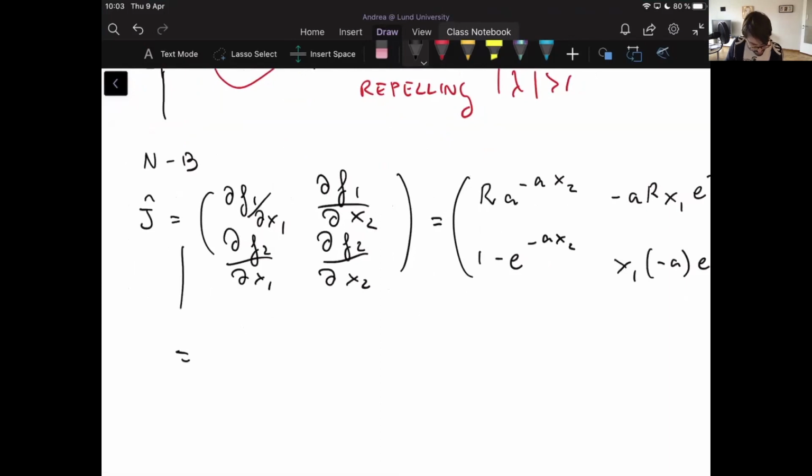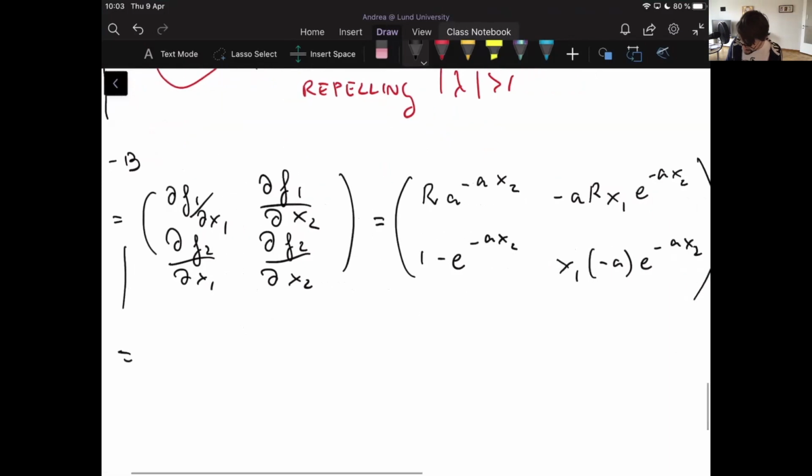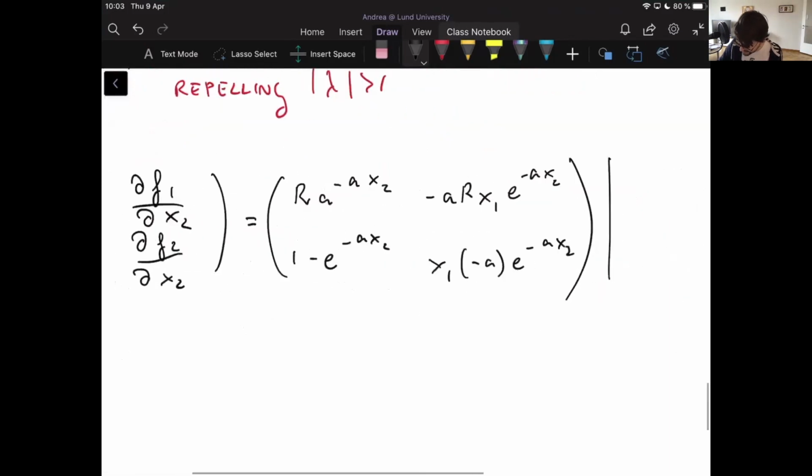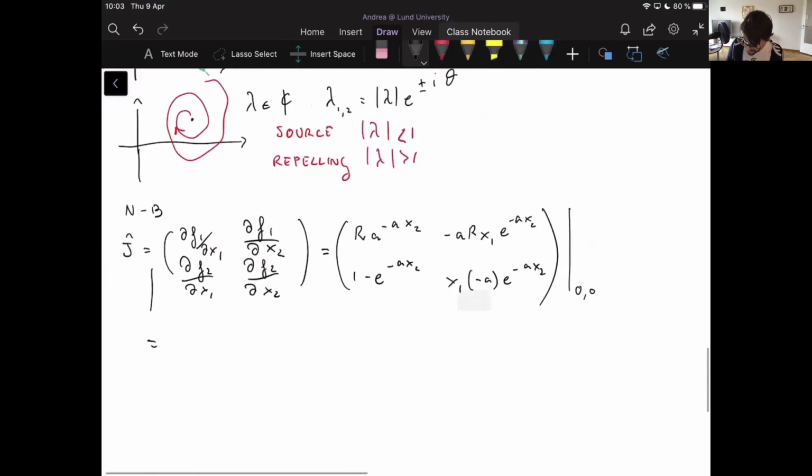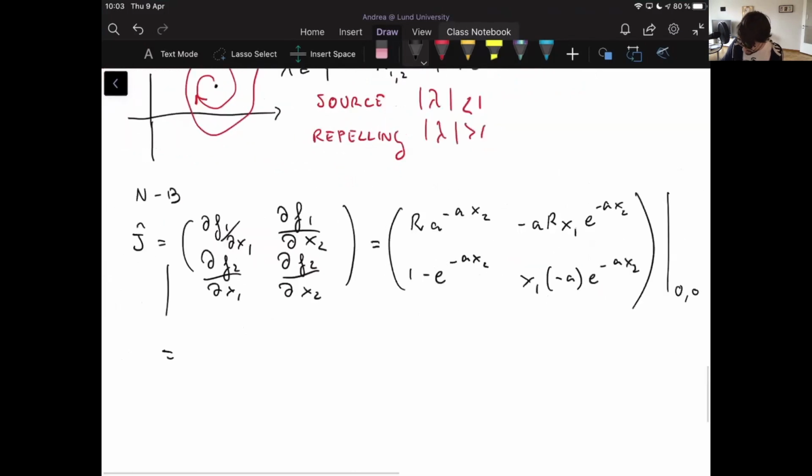And if you substitute this in 0, so you calculate this for 0, 0, what you obtain is the only term that does not directly depend. So the first goes to R. This goes to 0 because x1 is 0. This goes to 0 because x2 is 0, so the exponential is 1.